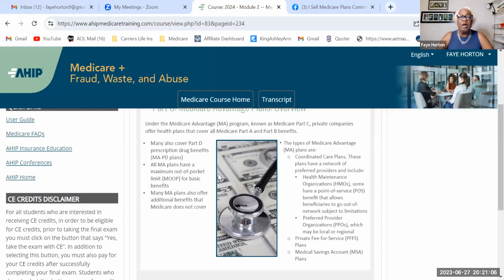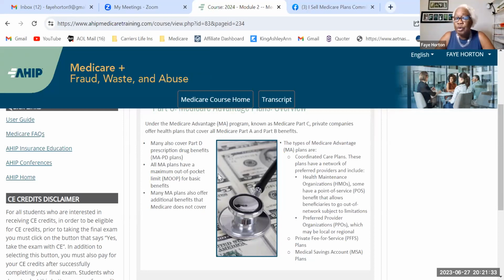Many also cover Part D prescription drug plans. So most of the Medicare Advantage plans that you're going to sell are going to be MAPD plans, not just MA. All Medicare Advantage plans have a maximum out-of-pocket limit for basic benefits. The medical maximum out-of-pocket is just that. It's a medical maximum.